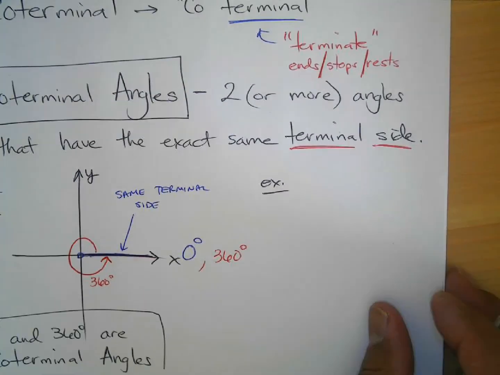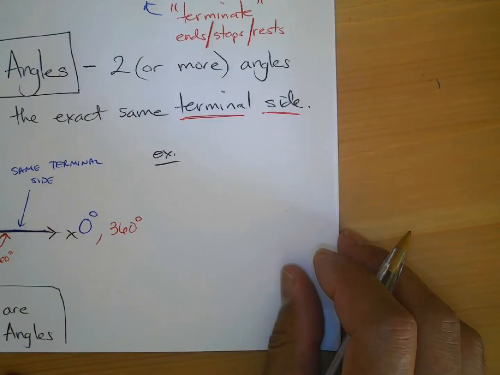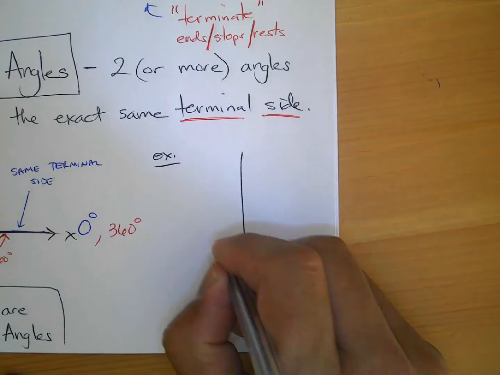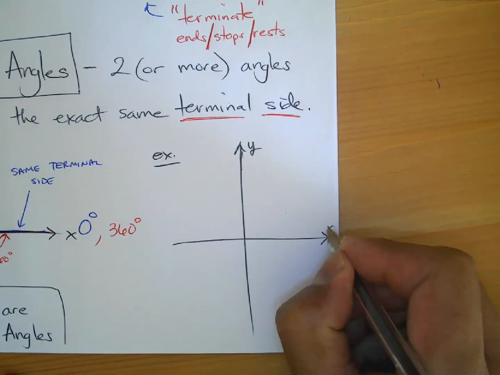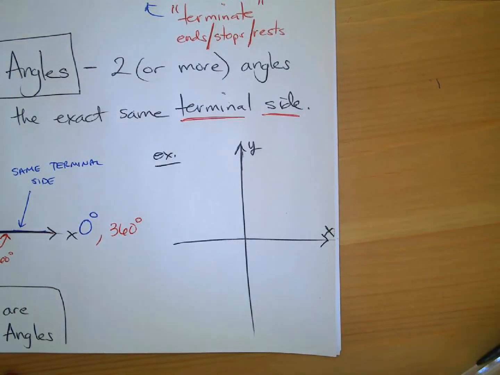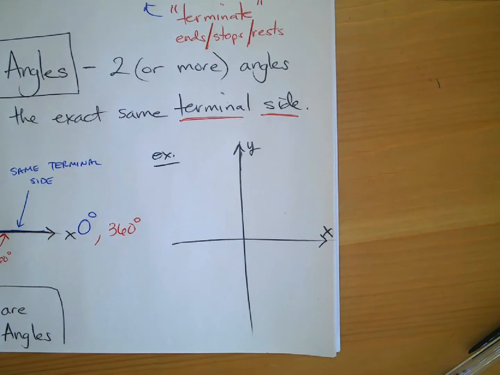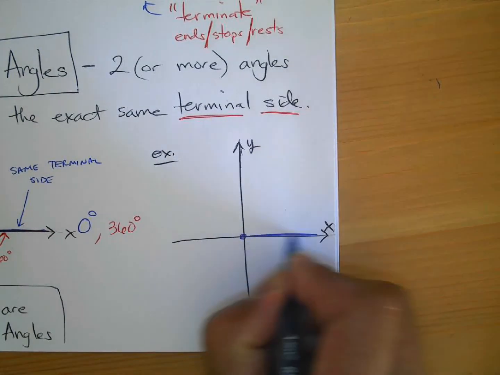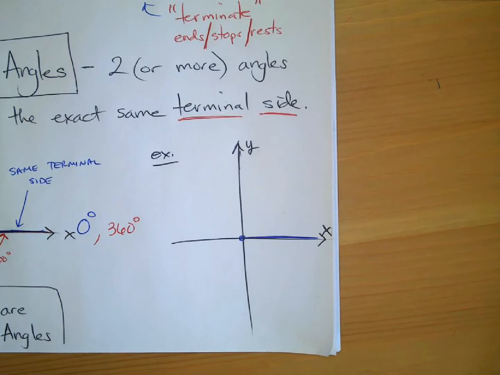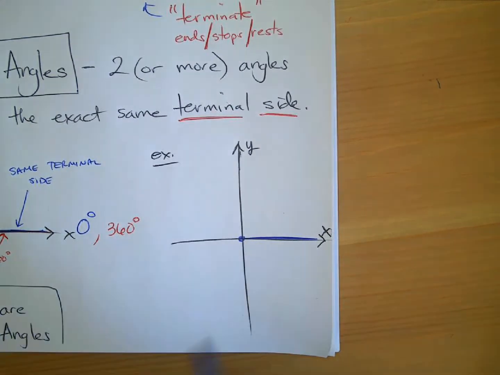What if we look at, let's go ahead and quickly draw an XY axis here, Y, X. Again, I'm going to start here. Remember, all angles drawn in standard position start here, right? But what if I look at 90 degrees?